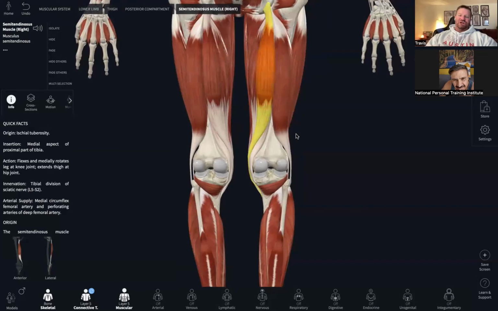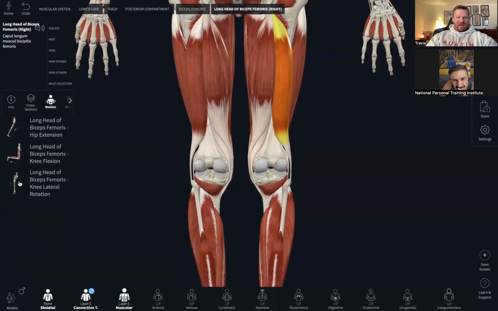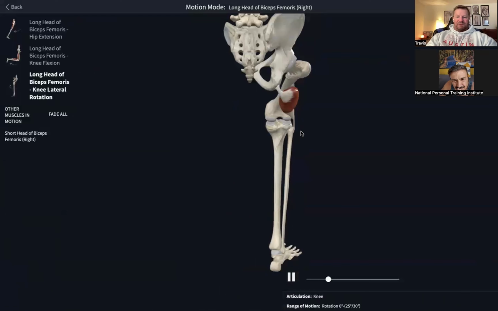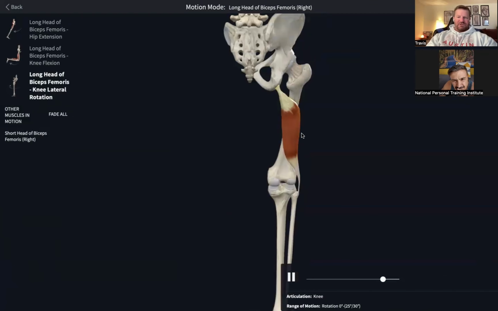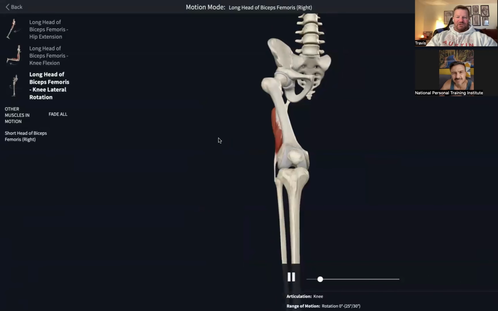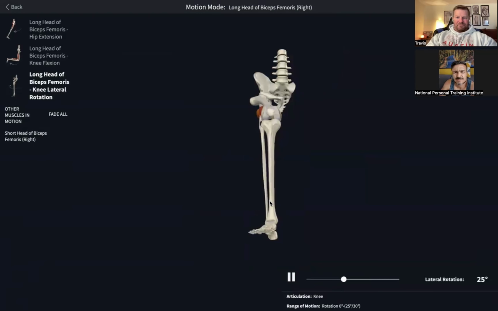It's only in the open chain where it is going to either laterally rotate or medially rotate. Concentrically, if we use that muscle, it's going to do all of those actions. It's going to concentrically move your knee out. Now, is it the main mover of external rotation of the knee? Definitely not. There's a lot of different muscles that are probably going to be involved in that, but it is one of the bigger ones that will do it.